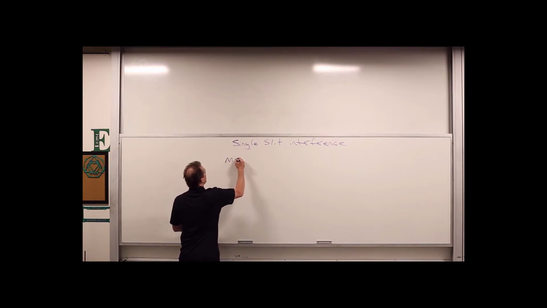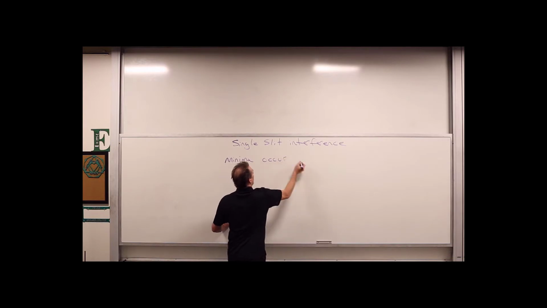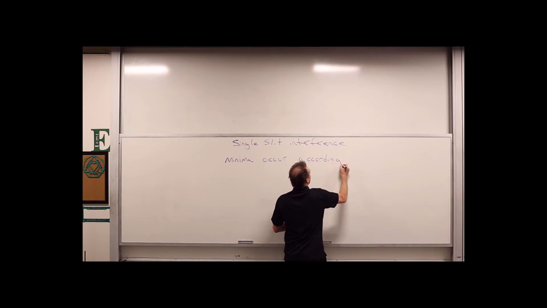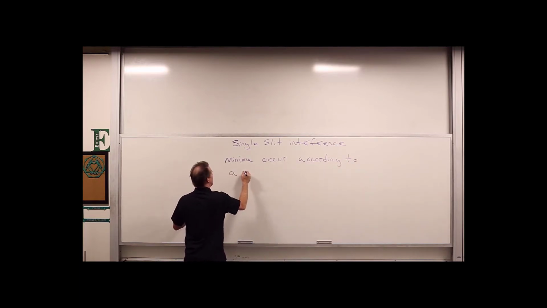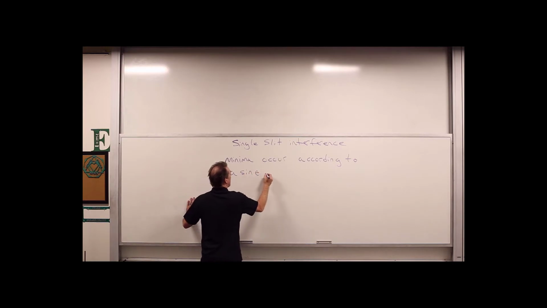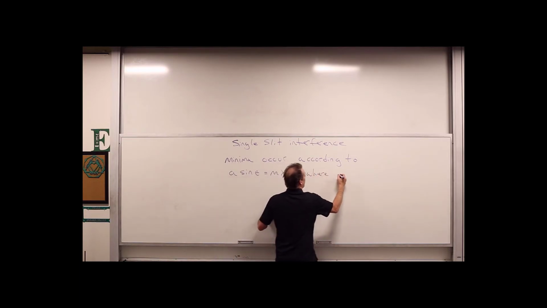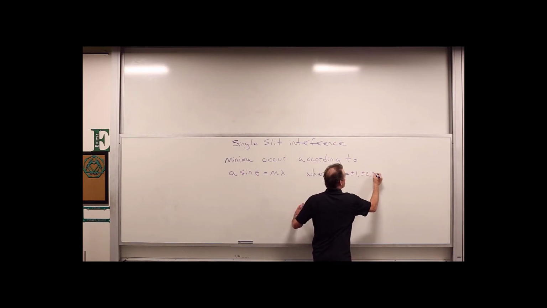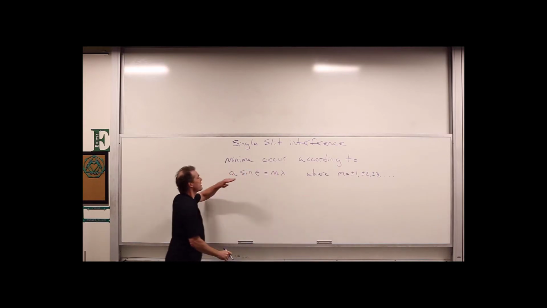Minima occur according to a times the sine of theta is equal to m lambda, where m is equal to plus or minus 1, plus or minus 2, plus or minus 3, dot, dot, dot. No zero, because this is for minima.